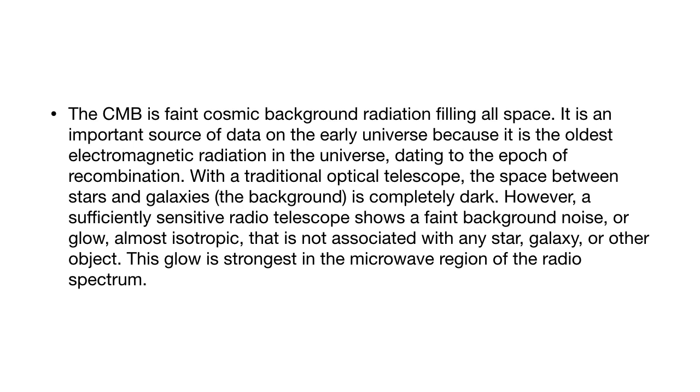But this microwave background comes from every direction, including those areas which look dark in the optical telescope. No matter how sensitive your radio telescope is, this faint noise is always there. So it's almost isotropic. That means it is everywhere.